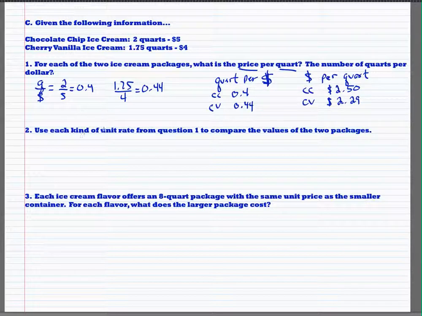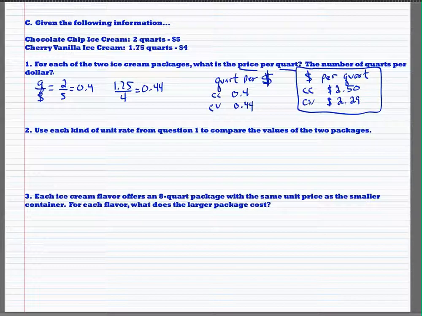It says use each kind of unit rate from question 1, that's up here, to compare the values of the 2 packages. So the first one we did was here, and we were finding the unit rate in terms of the price. So we determined that in terms of the money we're paying per quart, the cherry vanilla has the better price.